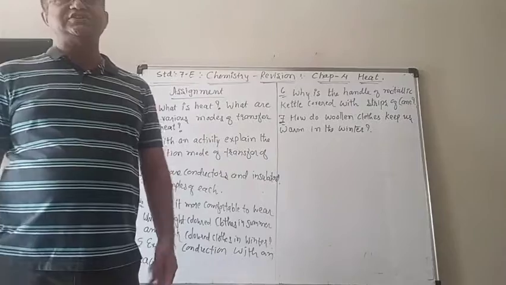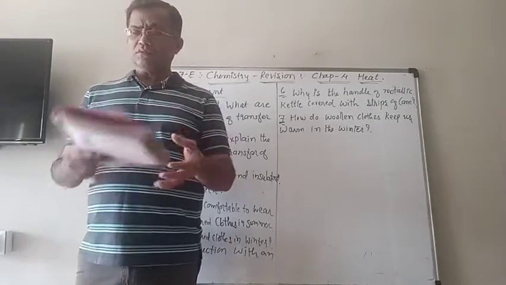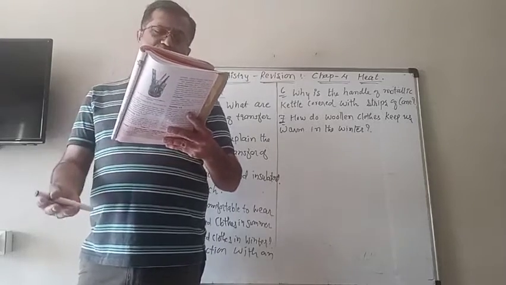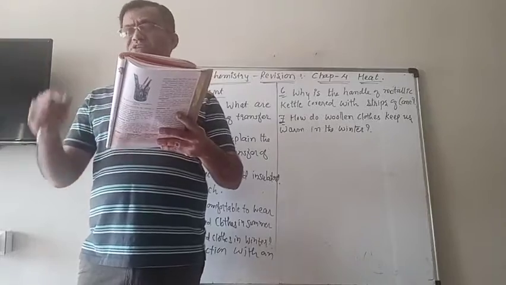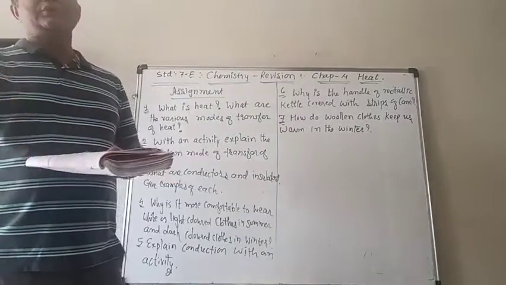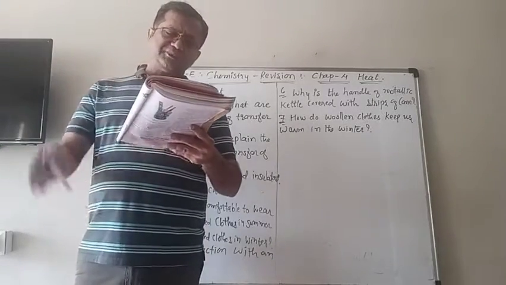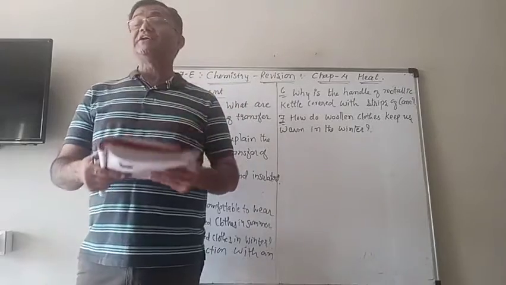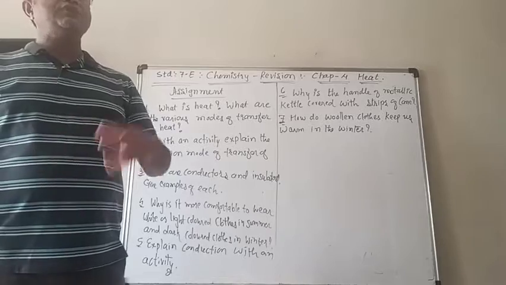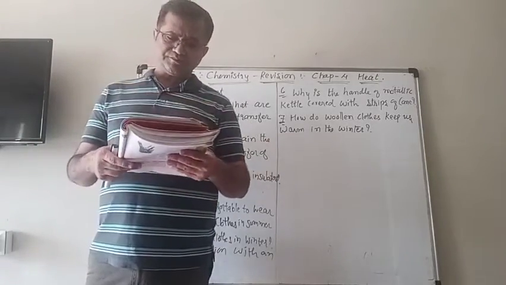We know what heat is. Heat is a type of energy. Heat can also be transferred from one object to another object. For example, if you put a frying pan on the flame, then after some time the heat passes through the frying pan to the food inside, and the food gets hot and can be cooked.